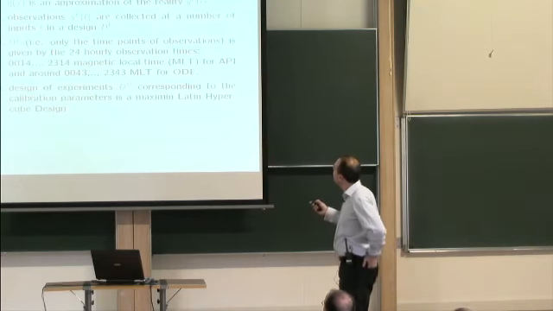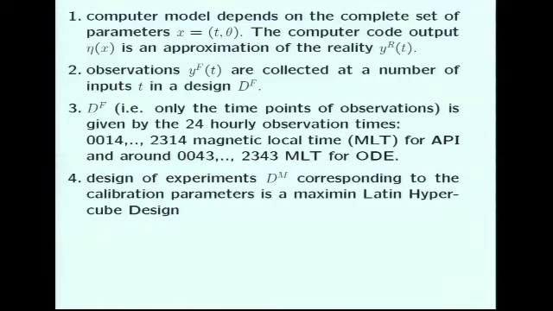So the computer model, again, it depends on the parameters t and theta. The main assumption is that the computer model is an approximation of the reality, we hope. So reality is not field data, actually. Reality is field data with some noise. I will put down the equations in the next slides.